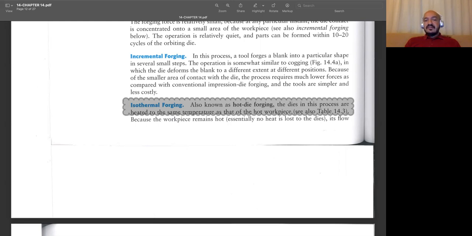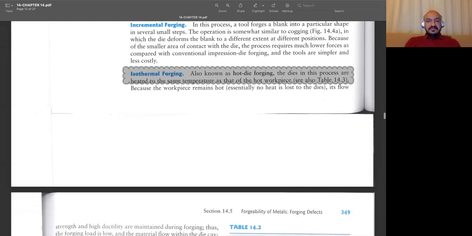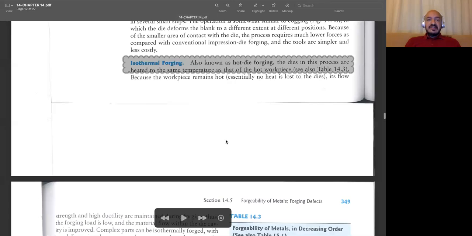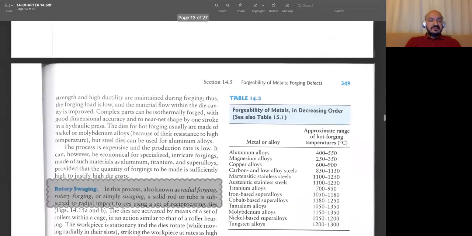We don't have heat flow between the workpiece and the die. We do this process on very difficult materials and larger products, which cannot easily be formed with cold die forging, where the temperature of the dies is around room temperature.